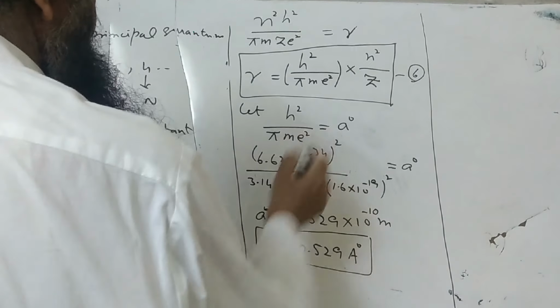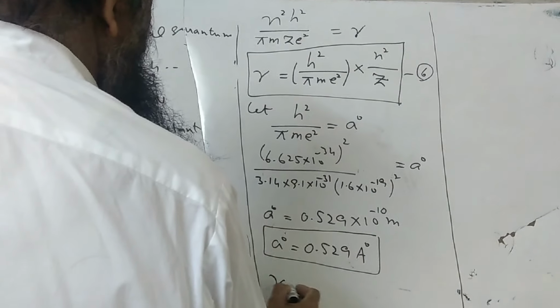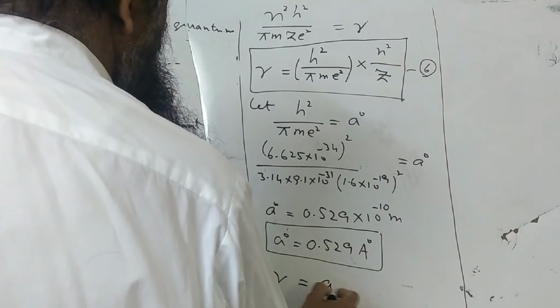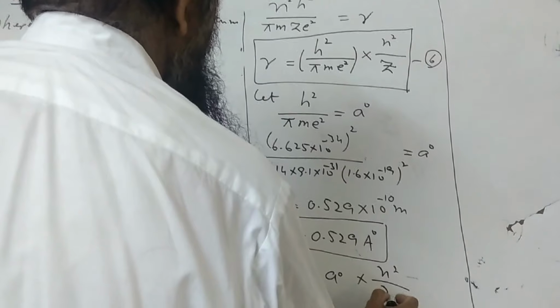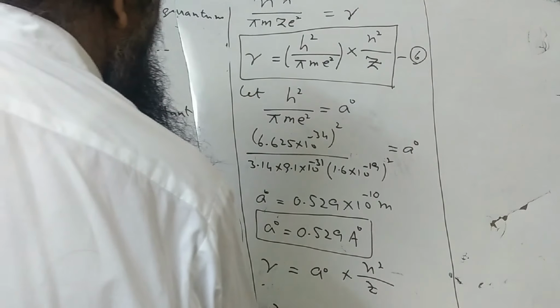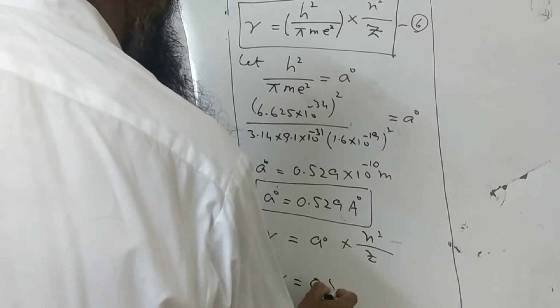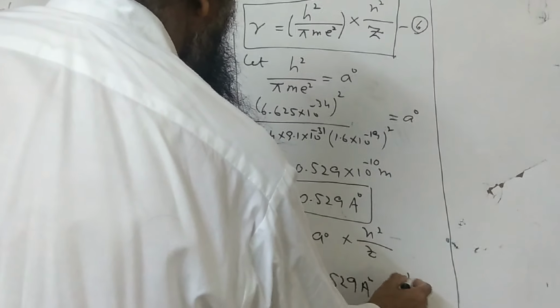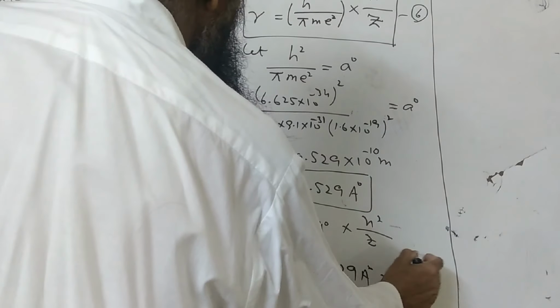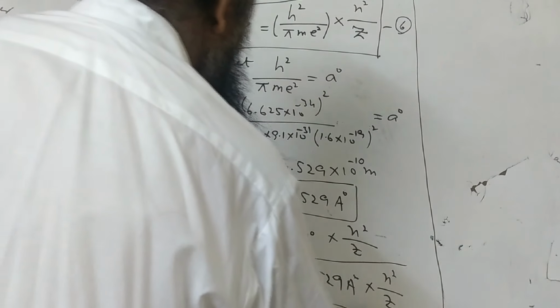Putting it in equation 6, we get r is equal to a naught multiplied by n square over z. Now this r is equal to 0.529 angstrom multiplied by n square over z. This is our required radius.